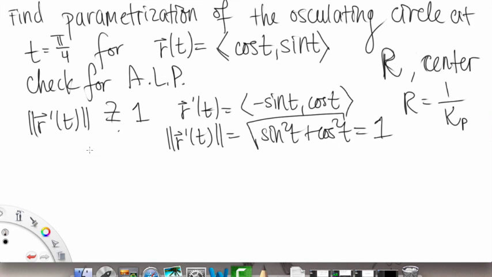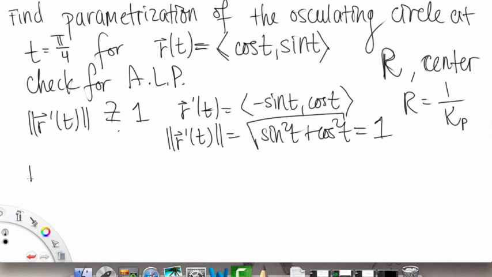So we don't have to go through the whole process of finding the arc length formula, then the inverse, and plugging it back in, and we don't have to use the disgusting formula we used on the previous problem.